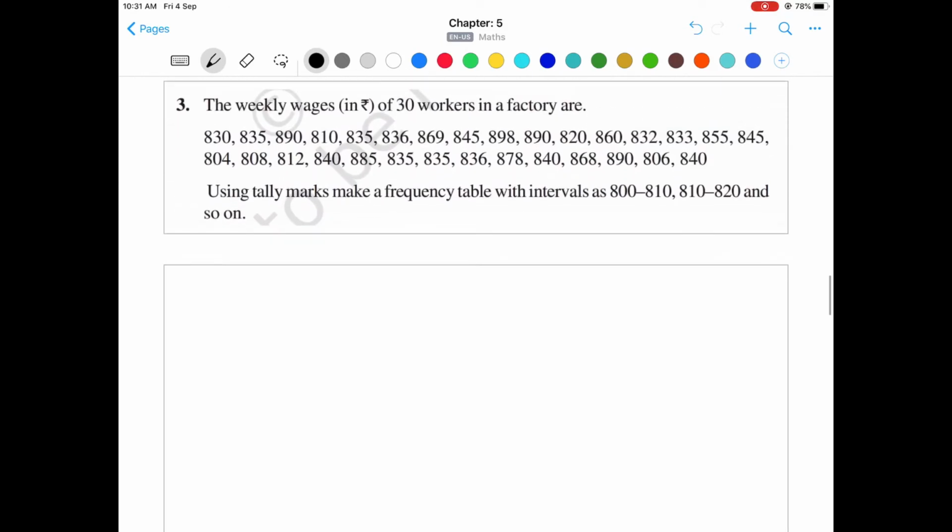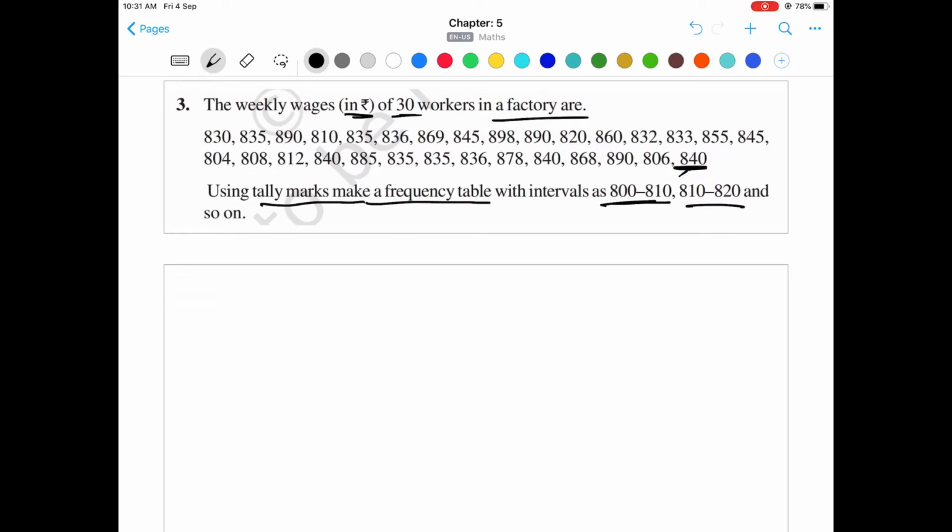Now moving ahead to question number 3, it says the weekly wages in rupees of 30 workers in a factory are given as 830, 835, 890, 810 and so on till 840 here. Okay, so you are asked to use tally marks to make a frequency distribution table with intervals from 800 to 810 and 810 to 820.